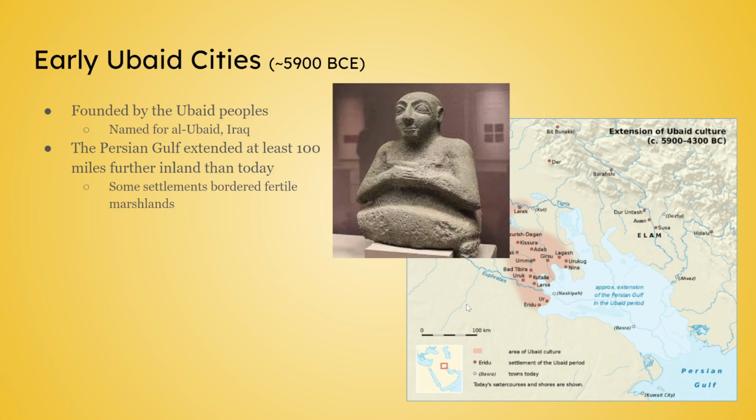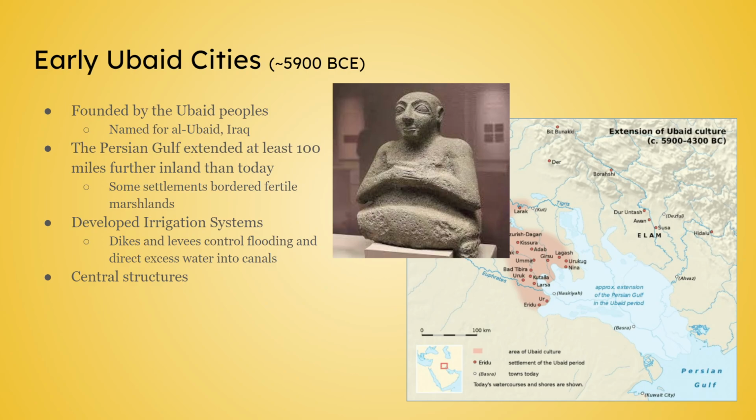And some settlements, because of this, settled in fertile marshlands, but mostly Mesopotamia consists of mud flats, and this would be the main reason for the development of irrigation systems like dikes and levees, and they would do this to control flooding and direct excess water into canals.